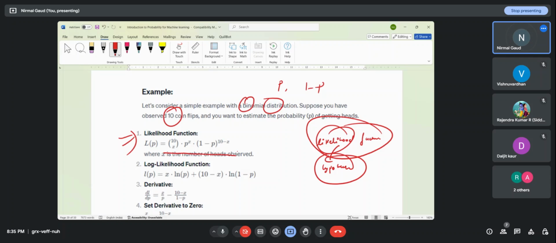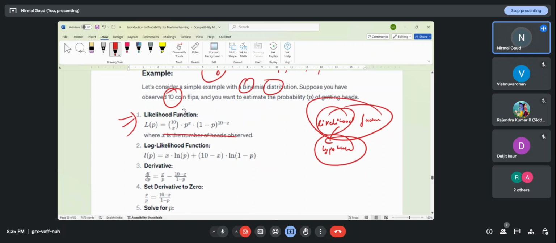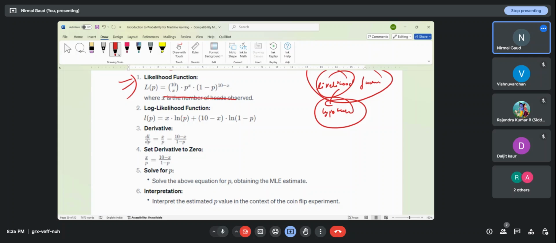Then it has been told you have to take log of likelihood function. So in the next step I took log: x log p plus (10 minus x) log of (1 minus p). It's called the log likelihood function.